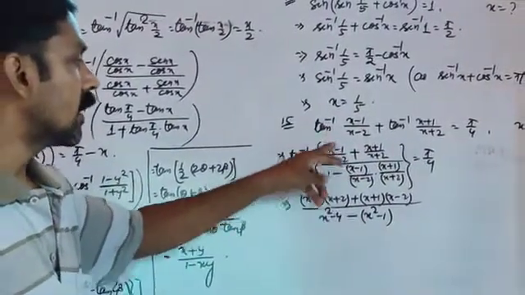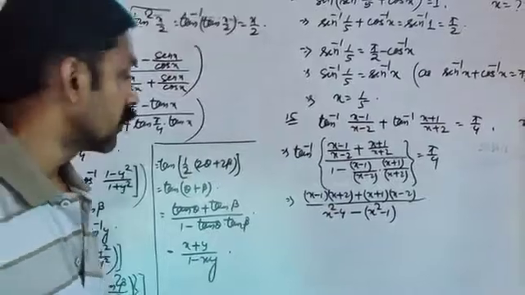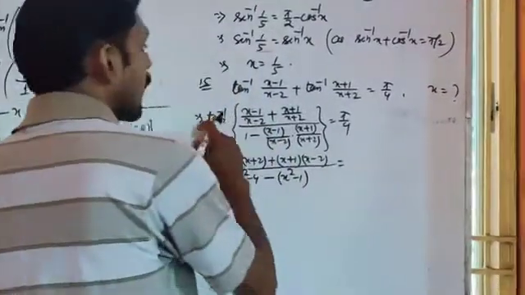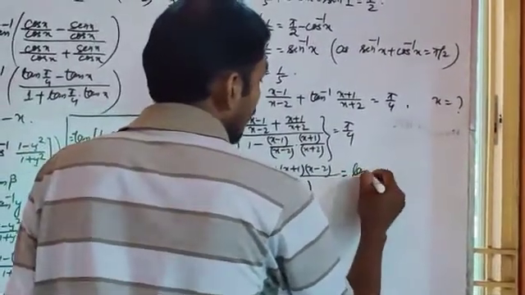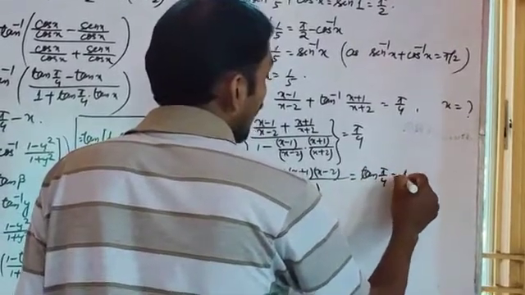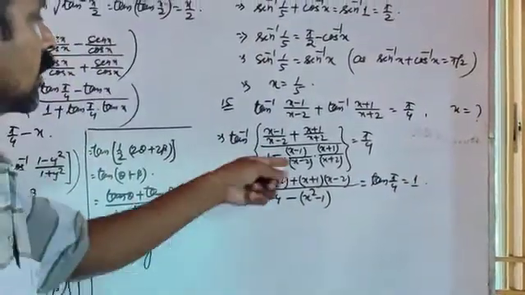So that's why I have written only the numerator of both. Now this tan inverse, when taken to the right hand side, will become tan pi by 4, and tan pi by 4 is 1. Now we will cross multiply.